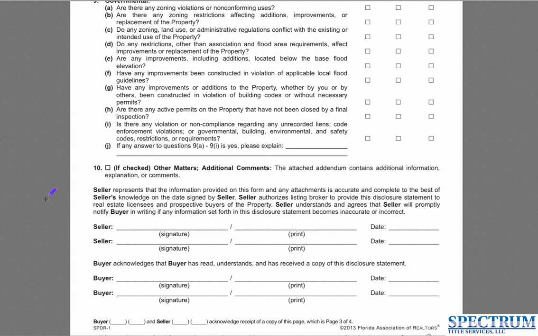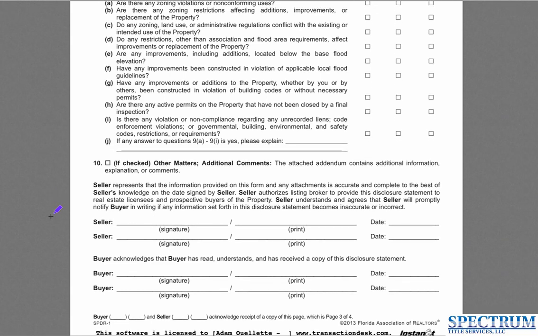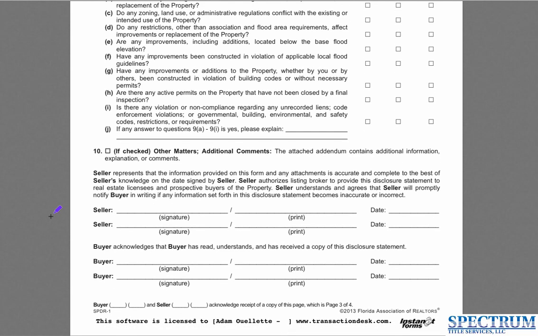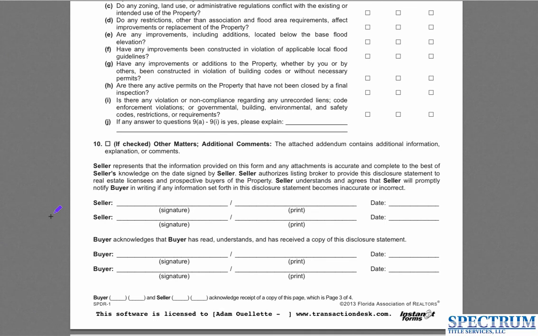Seller authorizes listing broker to provide this disclosure statement to real estate licensees and prospective buyers of the property. Seller understands and agrees that seller will promptly notify buyer in writing if any information on this disclosure becomes inaccurate or incorrect. So the seller does have a duty to update this information if something changes.